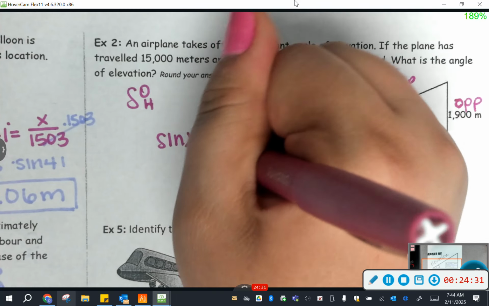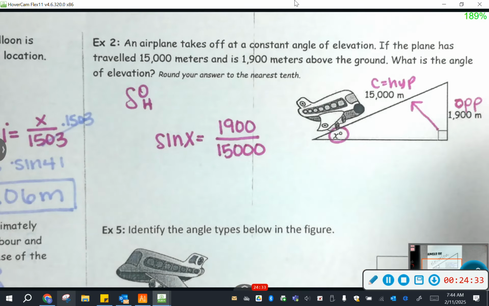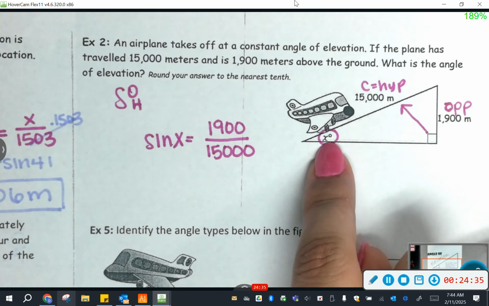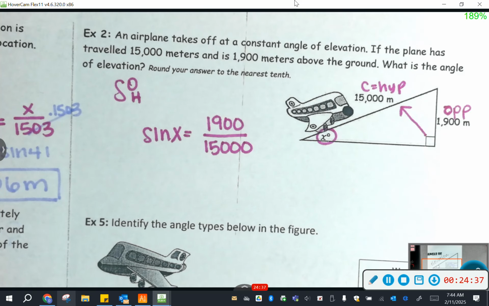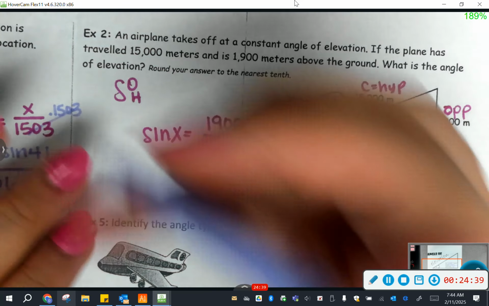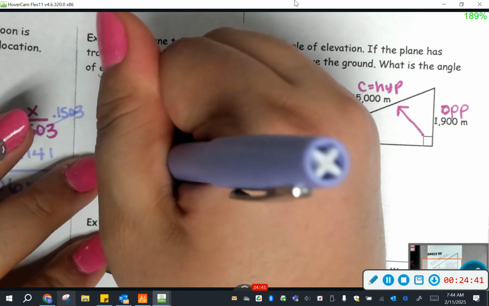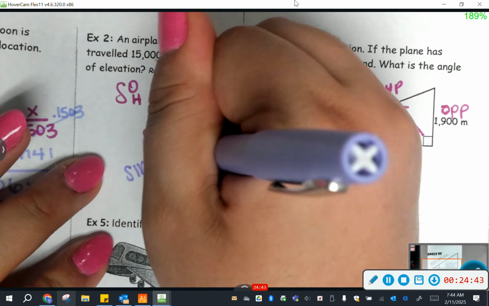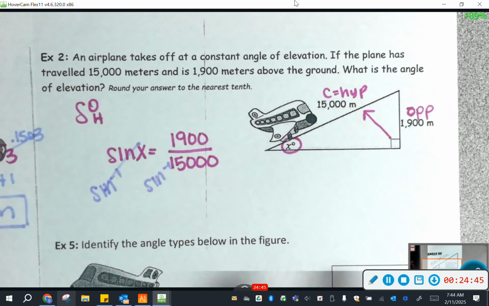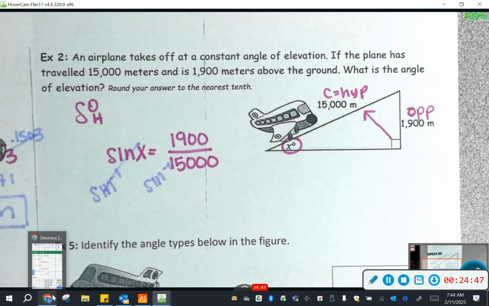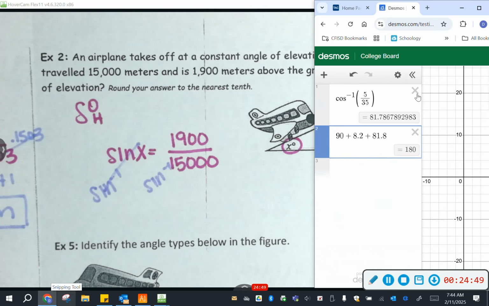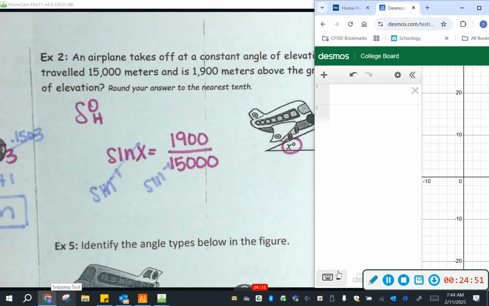Why are we going to do the inverse here? Anytime X is an angle, you are doing the inverse. Every single time. If you don't know an angle, you are going to do inverse. And then just put that in the calculator. Make sure you're in degree mode.